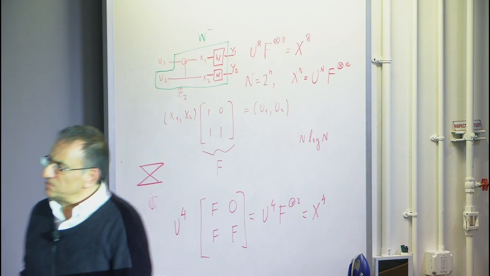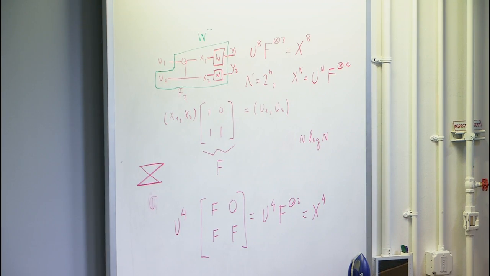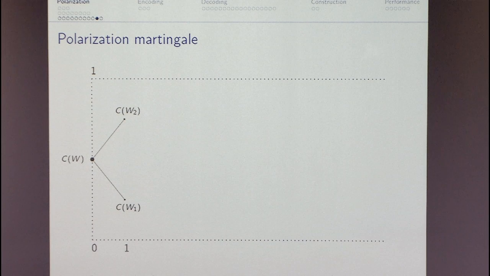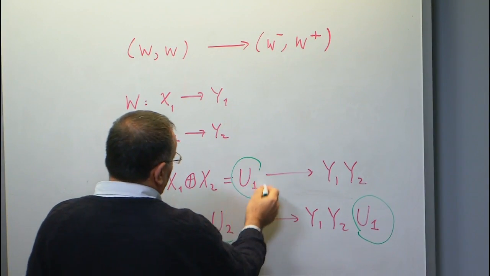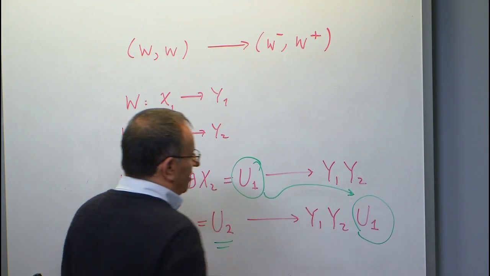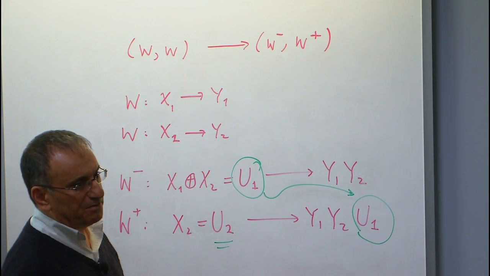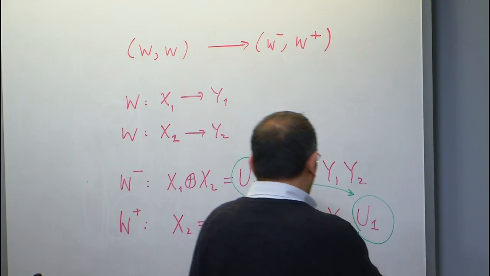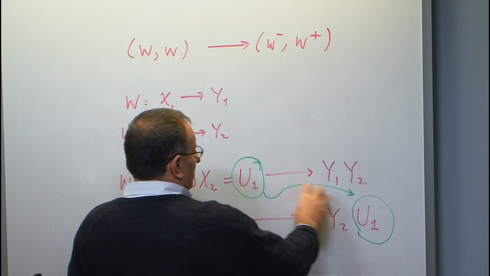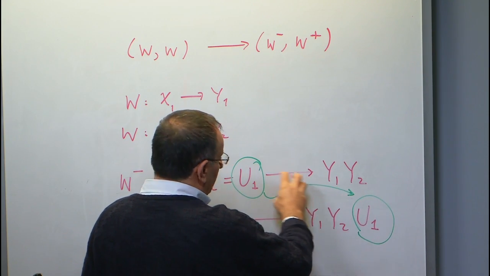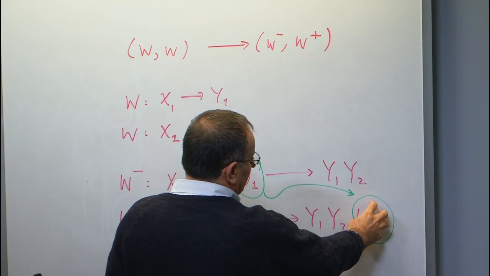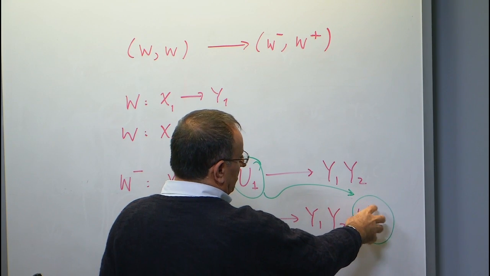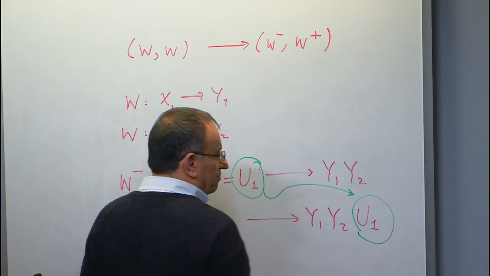And the W plus channel has input U2. U1 is now provided, after it's decoded, as an output to the second channel. This is a little fictitious because nobody will provide this to the second decoder. Exact knowledge of this one cannot be assumed to be available.